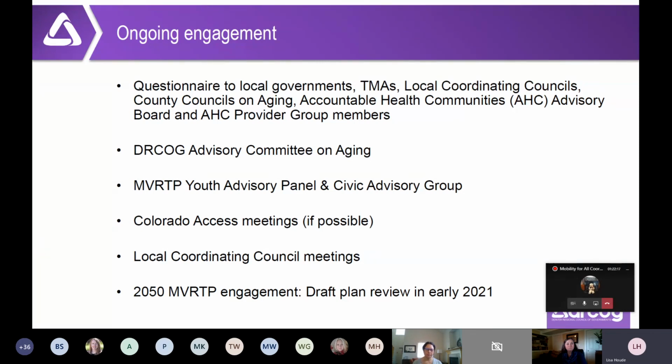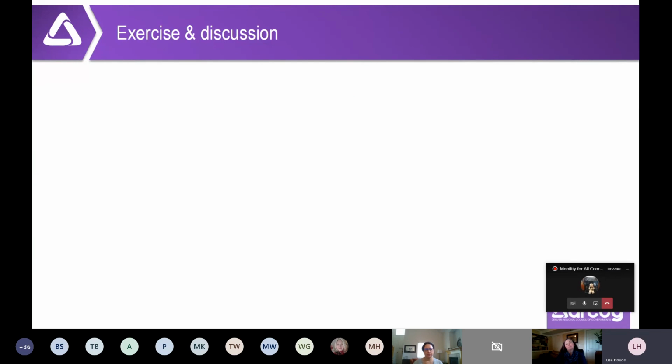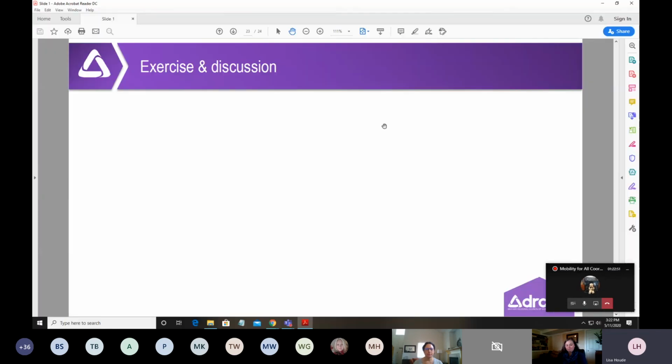We're hopefully going to be attending Colorado Access meetings if those are made available virtually. And we're going to be attending a bunch of different local coordinating council meetings over the next few weeks. As Matthew mentioned, this plan is part of the 2050 MetroVision Regional Transportation Plan, which is scheduled for adoption in early 2021. So there'll be another opportunity to review the draft at the end of this year or early next year.